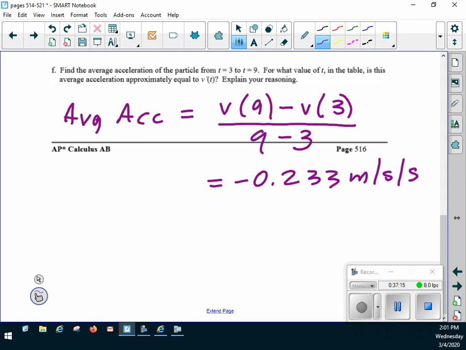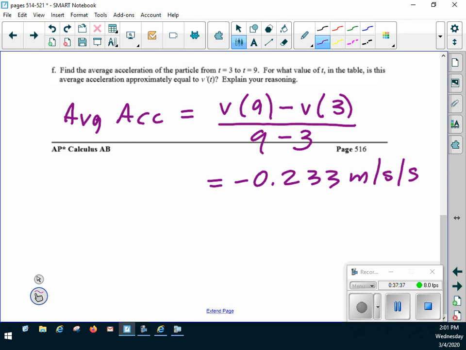Now, I'm just going to say this, and you can get it off the notes later. It says, for what values of t in the table is this average acceleration approximately equal to v prime of t?